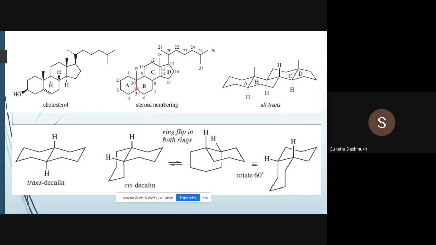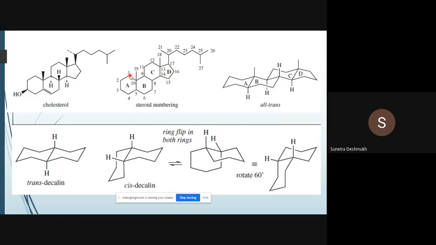So how to do the numbering. All four aliphatic cyclic rings, A, B, C, D, four different rings, three six-membered rings and one five-membered ring, are fused with each other, and numbering is very simple.